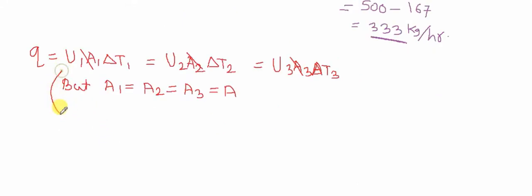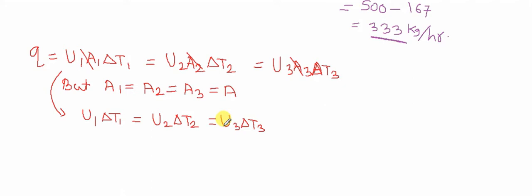What equation will you get from this? You will get U1 into delta T1 equal to U2 into delta T2, and that is equal to U3 into delta T3.